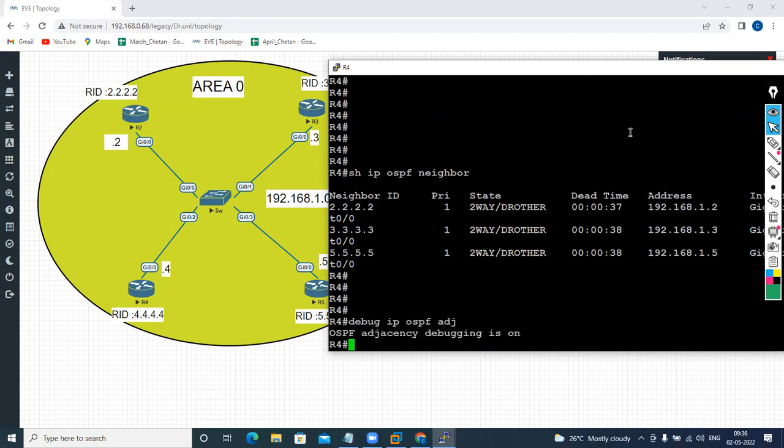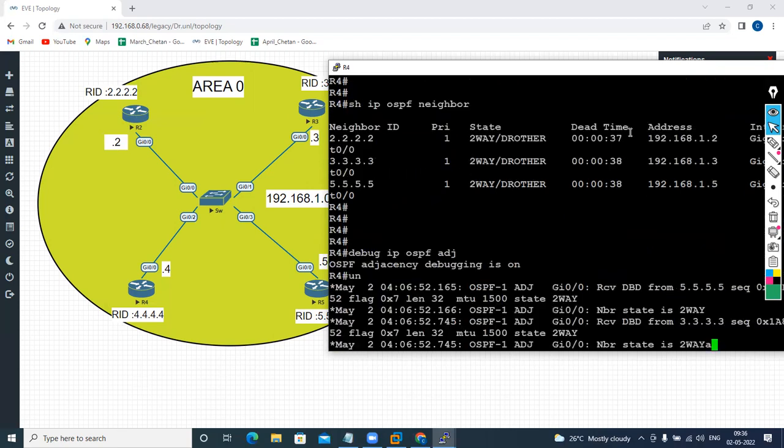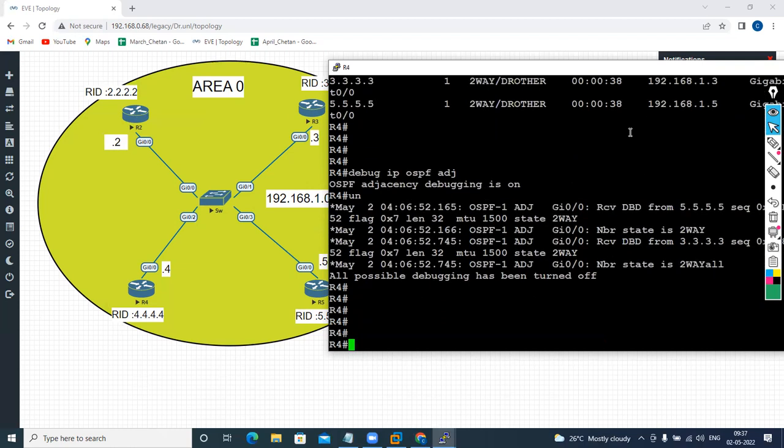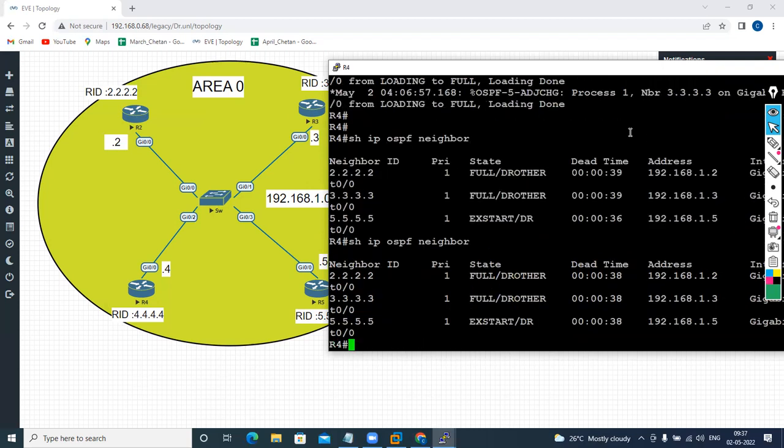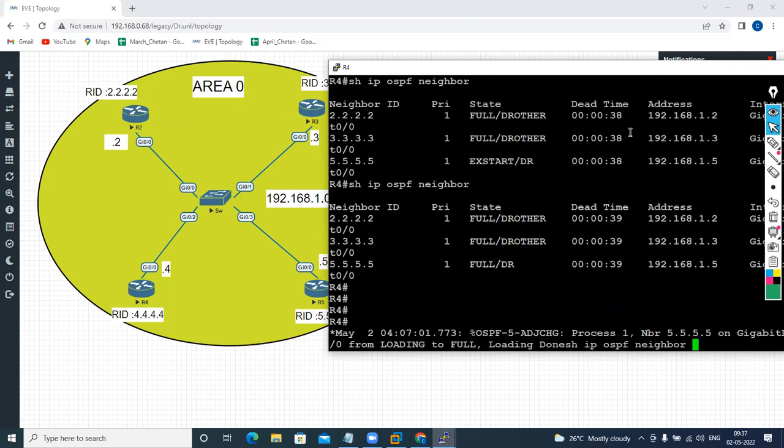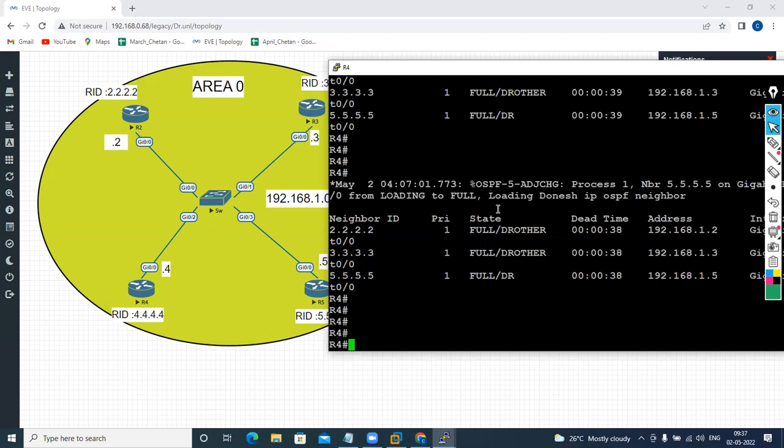A few moments. Done. Now check. Who is the DR? 5.5.5.5 is the DR, 3.3.3.3 is the DR other, and 2.2.2.2 is the DR other, and we have full adjacency.